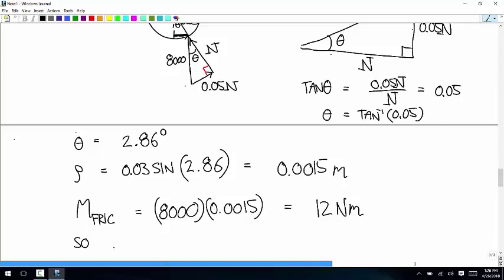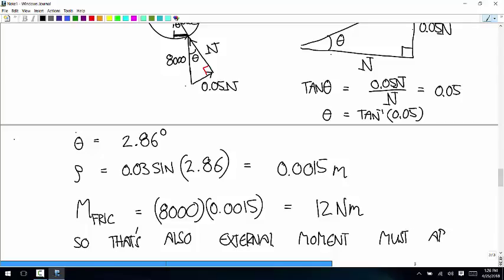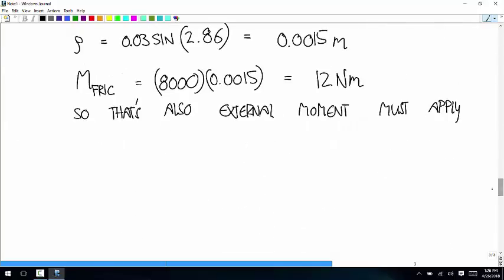But that also means that's the external moment you have to apply to get it to move, to initiate motion. Okay, so now part B.